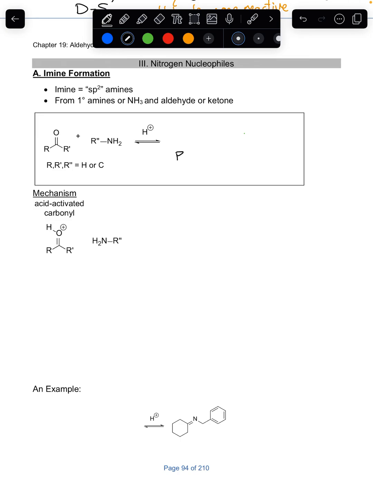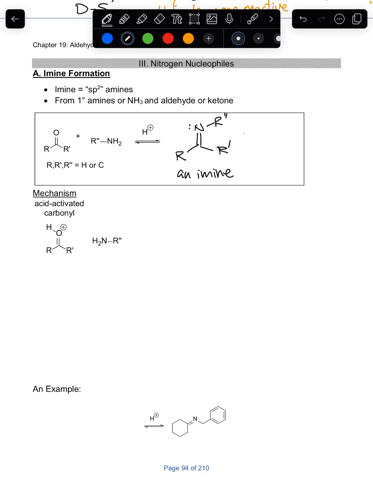Well, an imine is what you get if you react a carbonyl with an amine, especially a primary amine. You get this. You don't get something that looks like an acetal with an sp3 carbon. You do end up with an sp2 carbon, and that's called an imine.